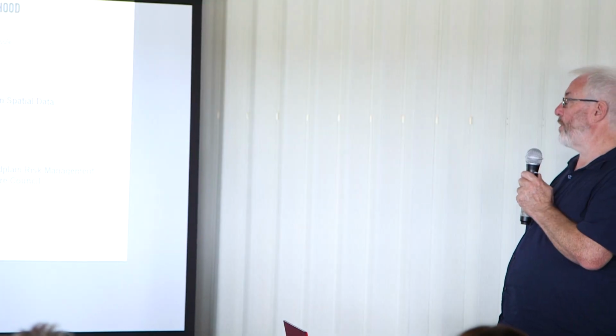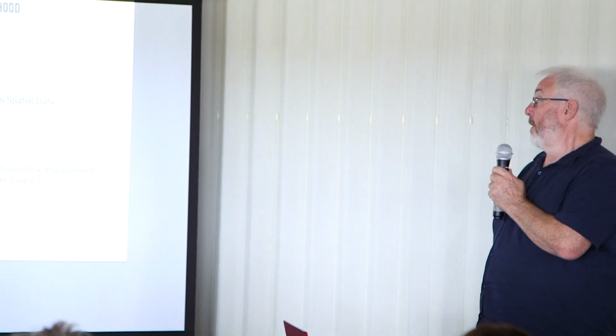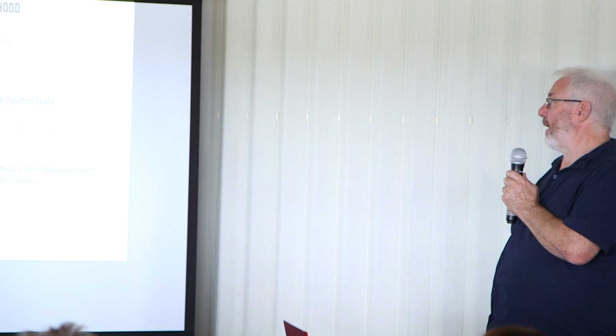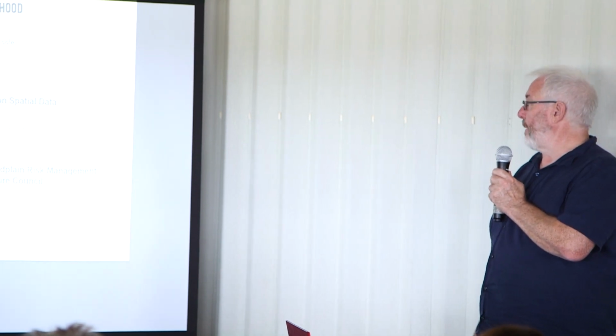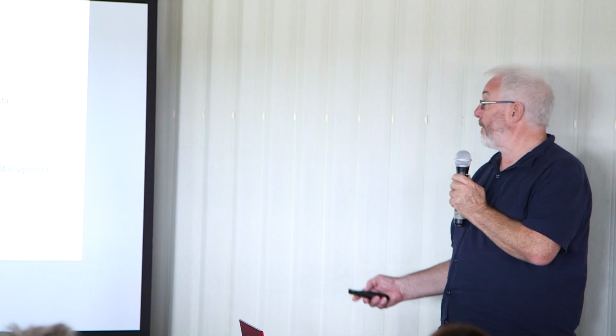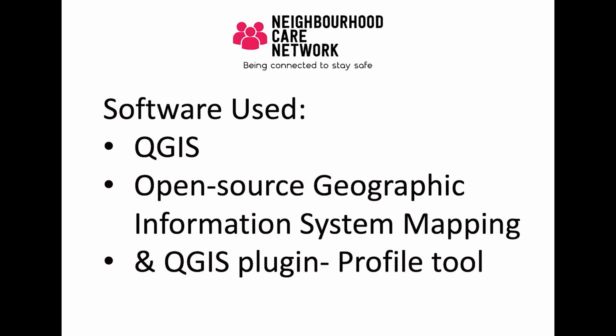Some of the information has come out of the Lower Bellinger and Kalang flood plan risk study that the Bellingen Shire Council commissioned, and the base maps that I've used are from Google satellite images. The software I've used is open source geographic information software called QGIS. It's a fairly user-friendly GIS system and a couple of plugins.